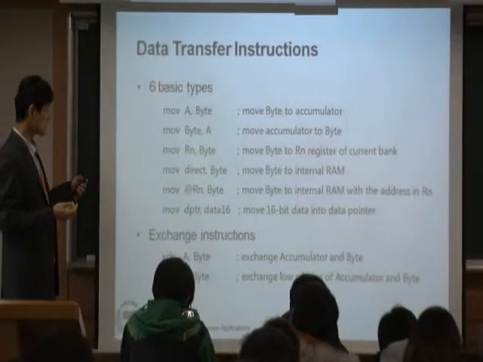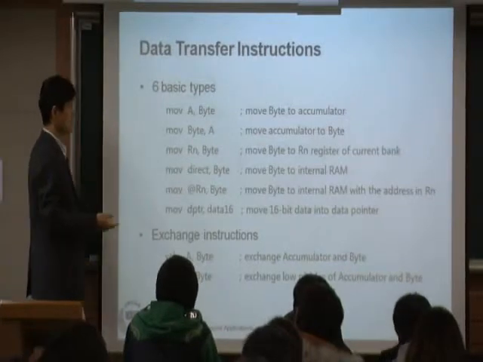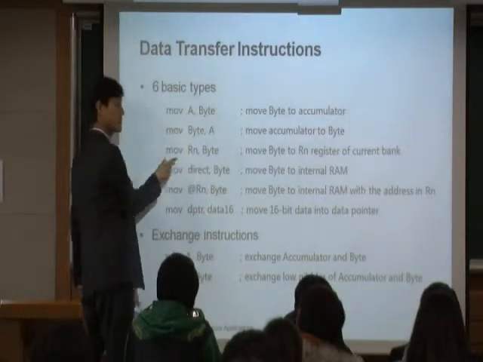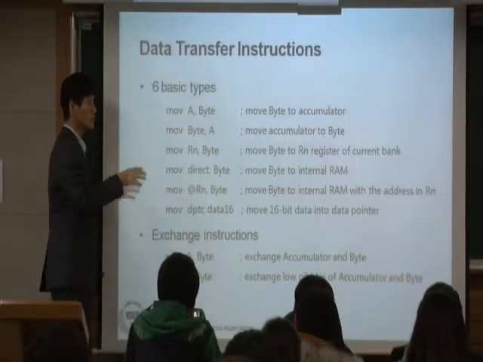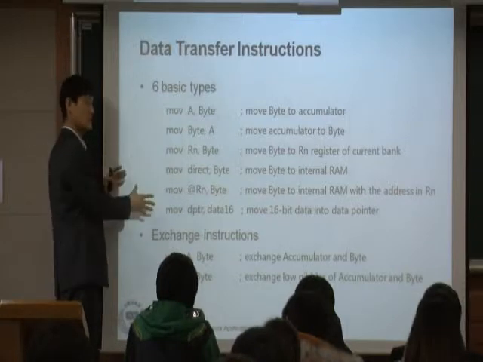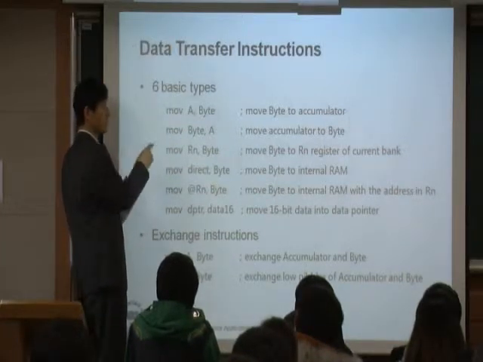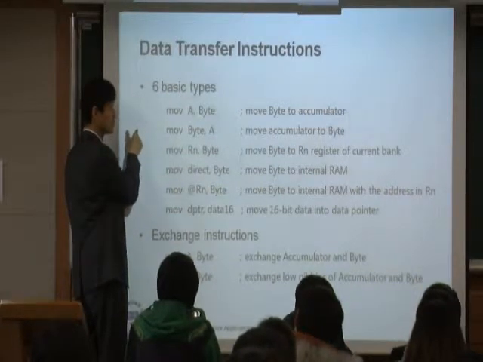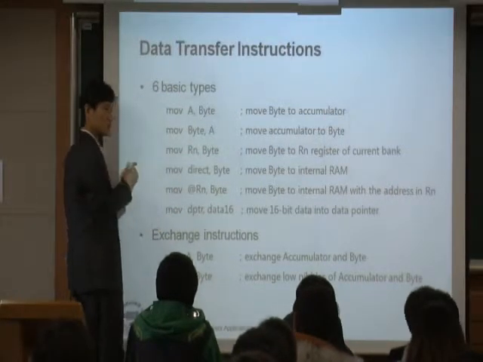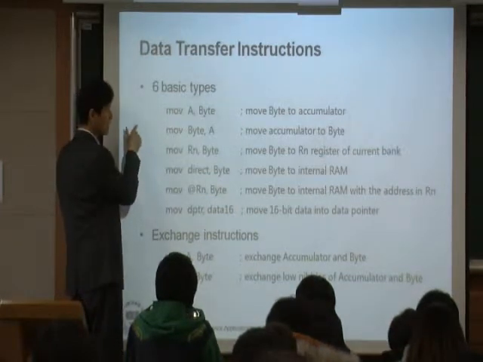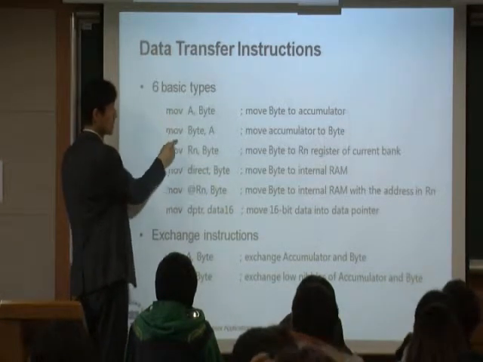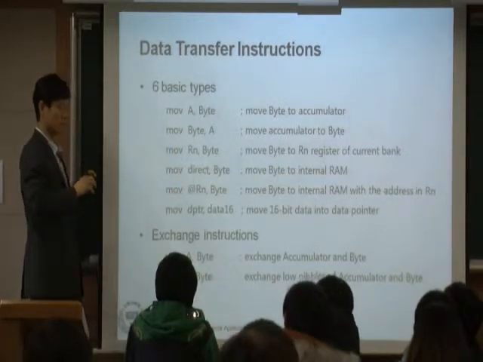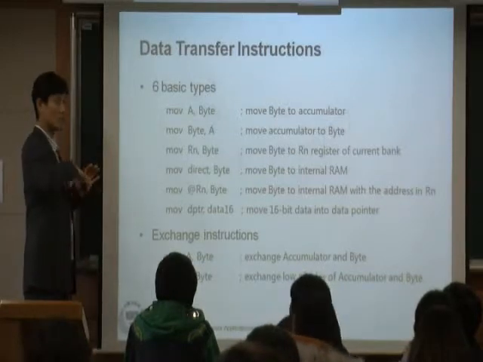So we have different types. It looks like all of them are move instructions, but these are different types, right? When you run the assembler with this code, the assembler will look at what type it is. When you have a move instruction, it will be one of these types. The assembler will look at which type your instruction corresponds to, and based on the type, the assembler will convert your code into different binary.